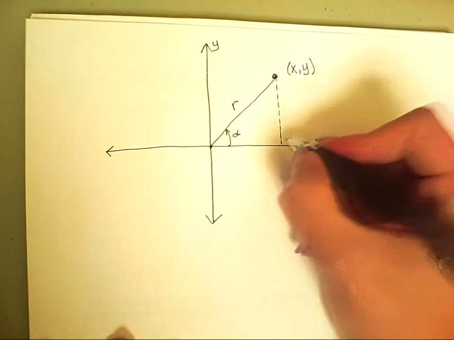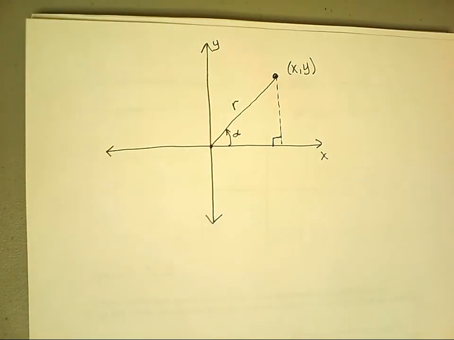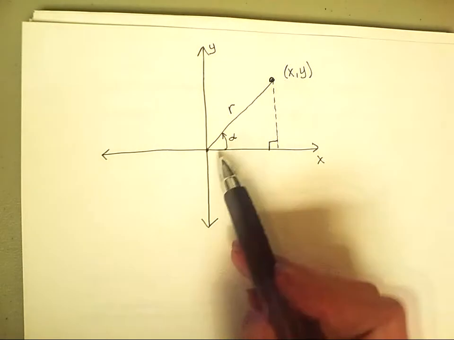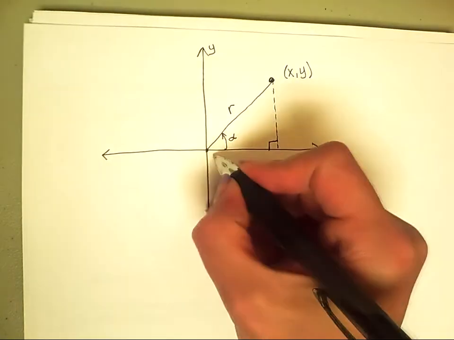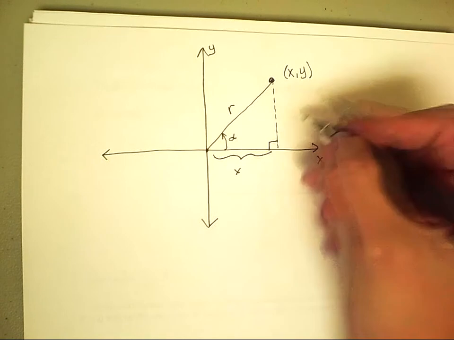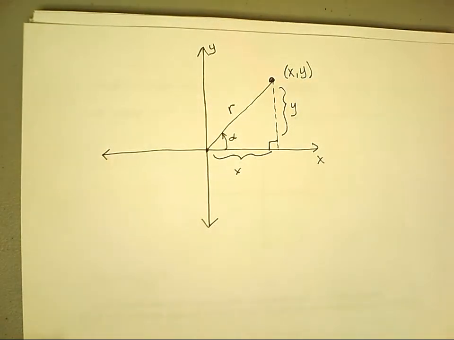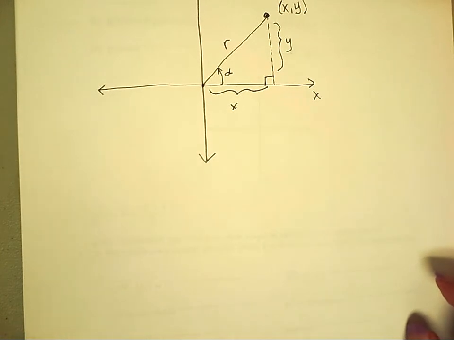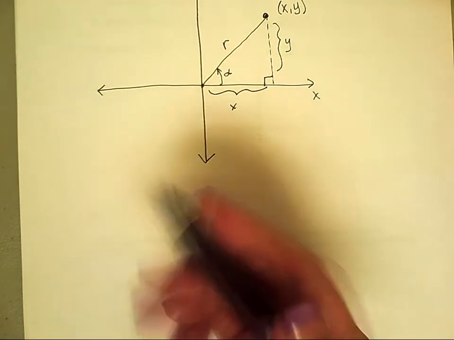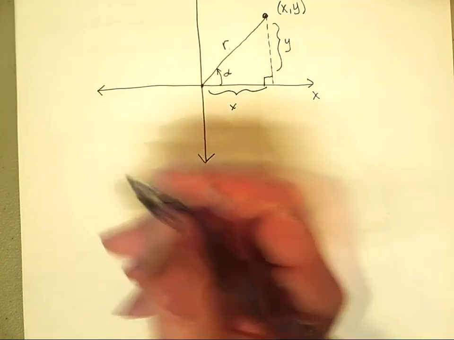And we can always create the right triangle by dropping an altitude. If this is the point (x, y), that means I had to go some distance x, so we'll call this side x, and then I had to go up some distance y. Now notice r is not necessarily 1.